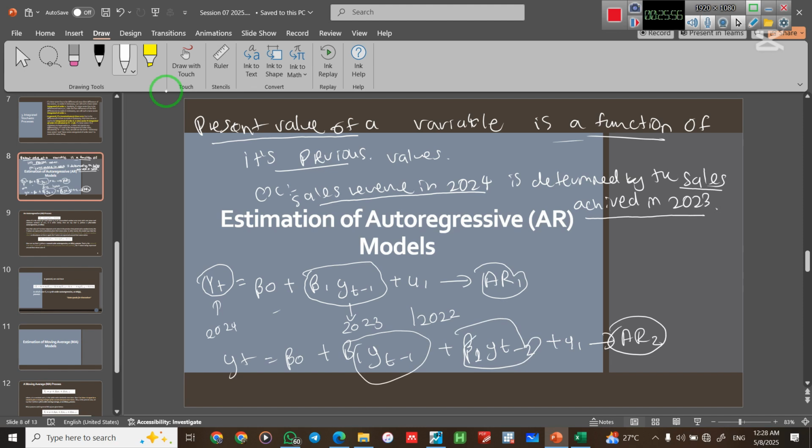That means the present sales is determined by both the previous year sales and the value from before 2 years. That means the 2024 sales is determined by 2023 sales and 2022 sales as well, right?